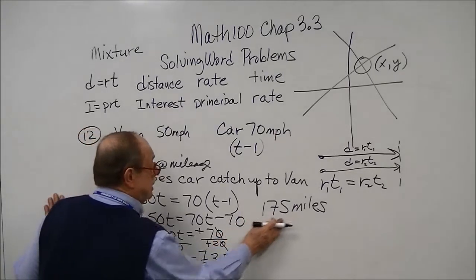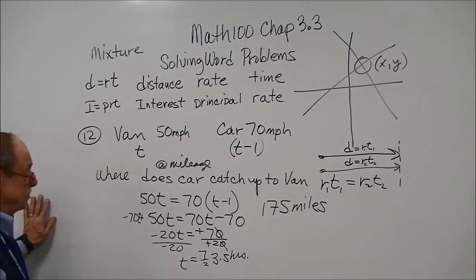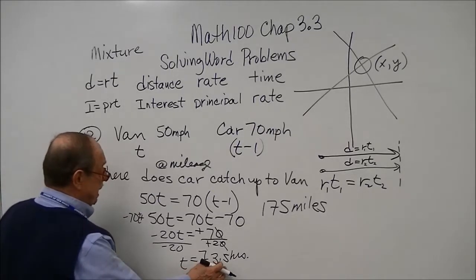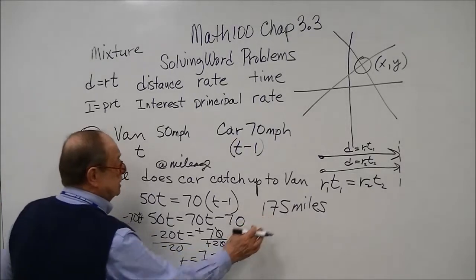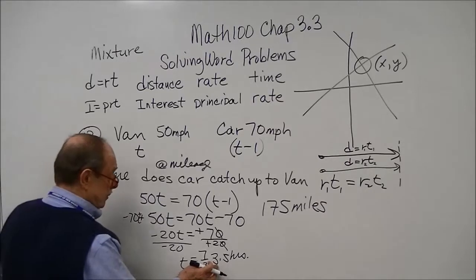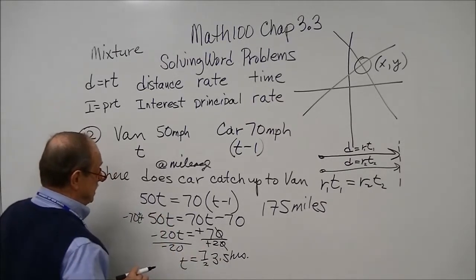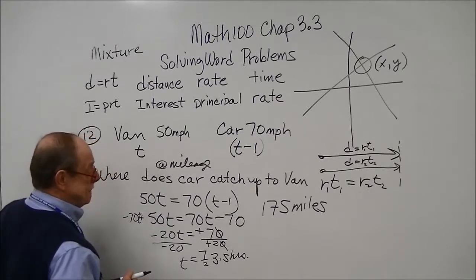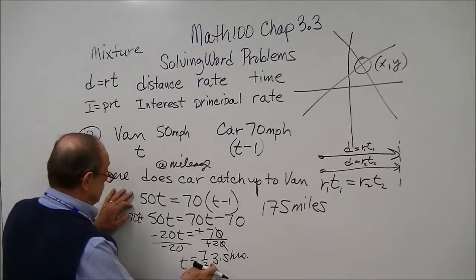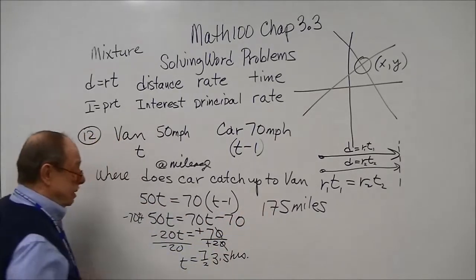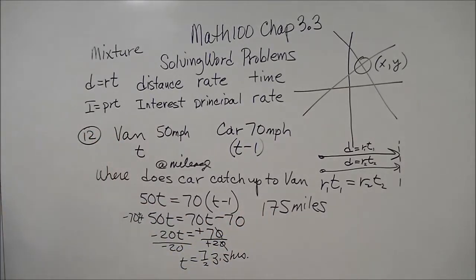And it catches up at 175 miles. So we found out what t was, but t is not the answer. They want to know distance. So I multiply 3.5 times 50. And 3 times 50 is 150, and half of 50 is 25. Yeah, that makes sense. Okay?